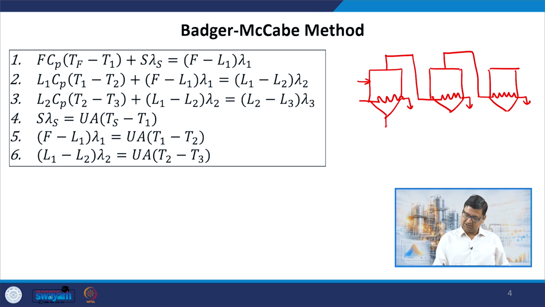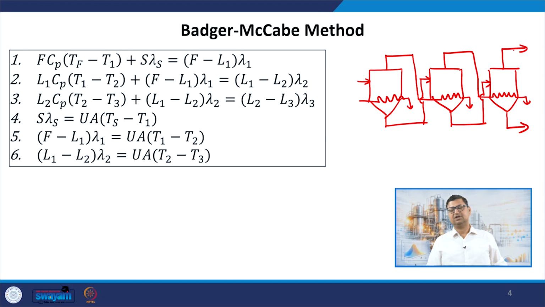The liquid of the first effect enters the second one, and the liquid of the second one enters the third one as feed, and the liquid of the third one is the final product, and the vapor of the third one is the final vapor, right?